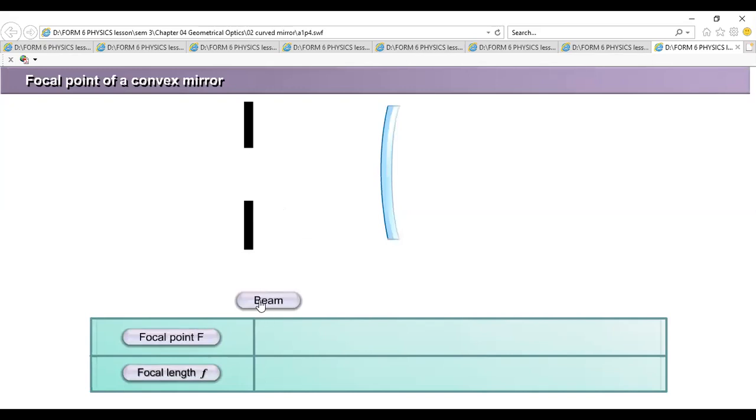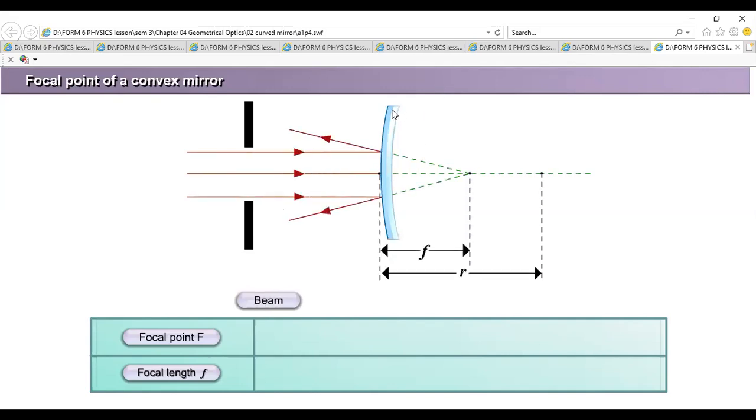Now, when a series of beams pass through the convex mirror, all of the light is reflected back at an angle. So a series of light rays are reflected.